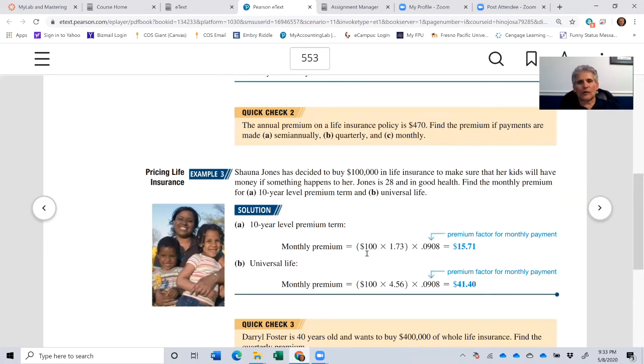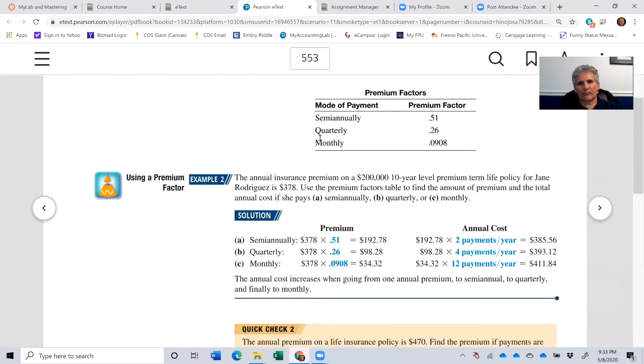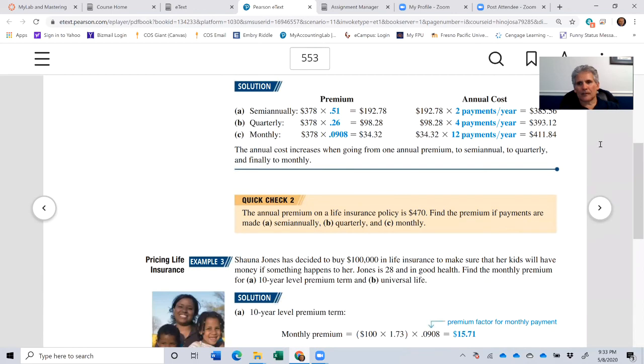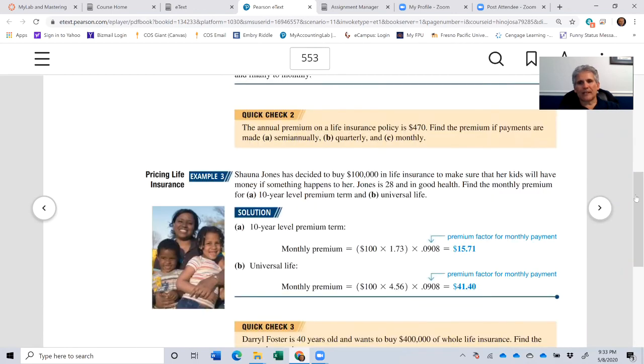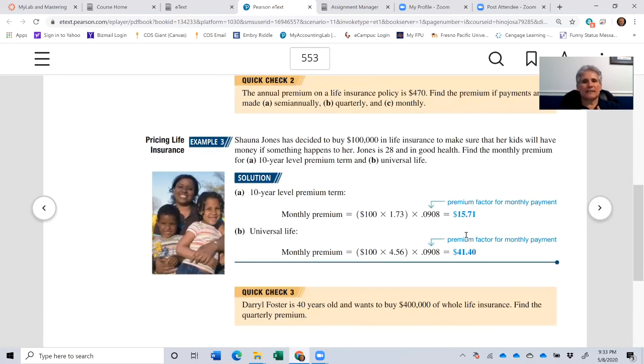The reason why it's 100 is that it's $100,000, and we're going to divide that by 1,000 because the premiums are based on every $1,000. So there's $100,000, it's 1.73. And then we're going to multiply that by the premium factor for monthly at 0.098, which comes from right here, monthly payments, 0.098. So her monthly premium will be $15.71.